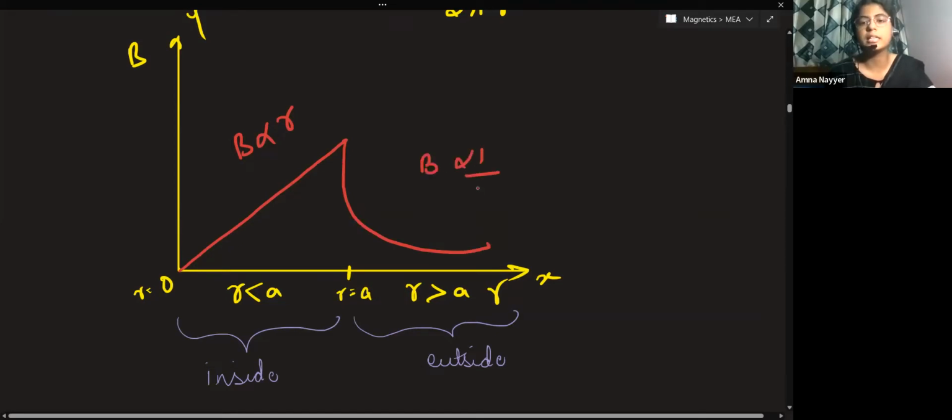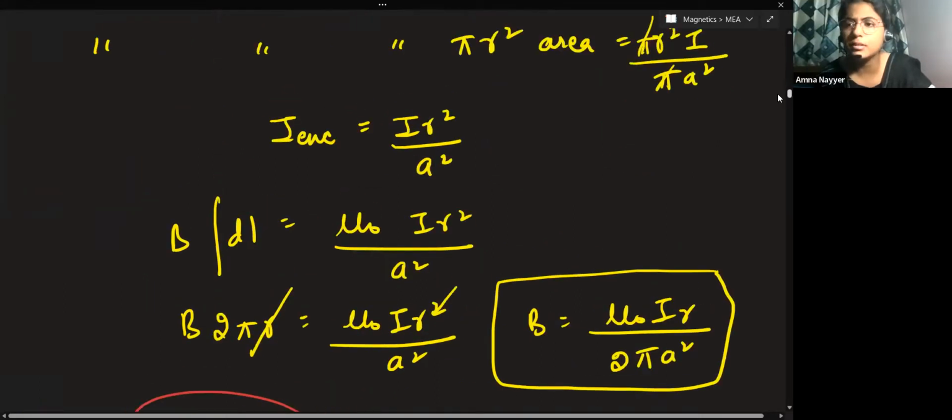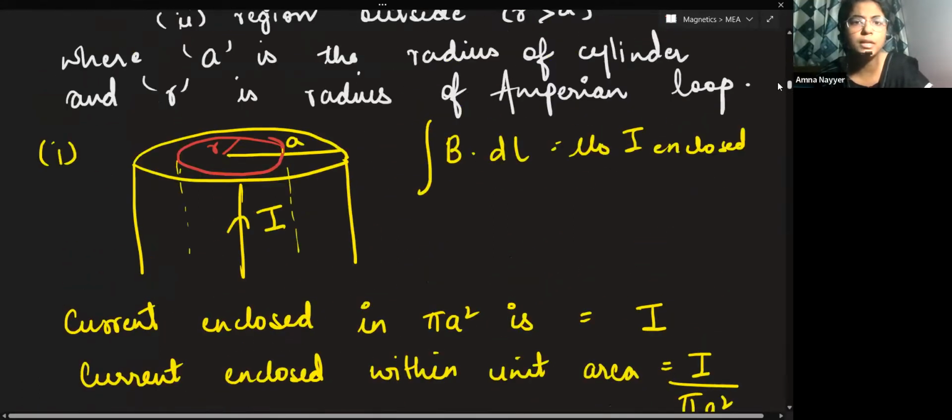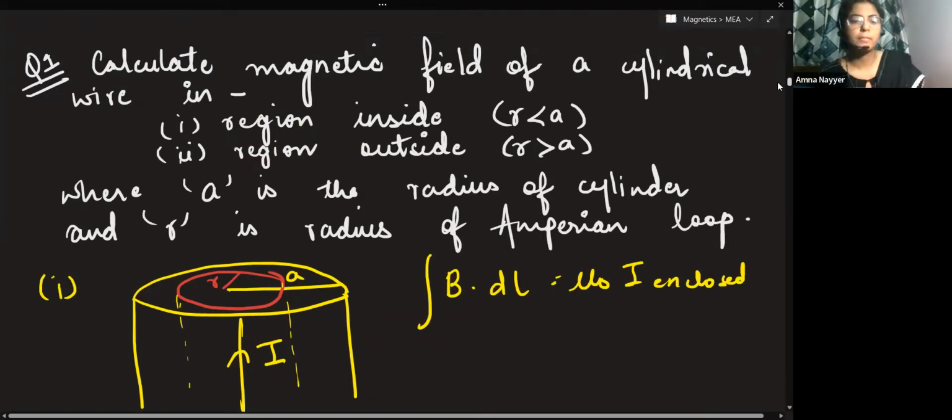This graph can also come in the exam. So remember these two formulas for a cylindrical wire. This is included. Now you just have the applications of Ampere's Circuital Law left, which we'll do, but note down this question. And in whichever step you're not able to understand, ask again and I'll repeat the step.